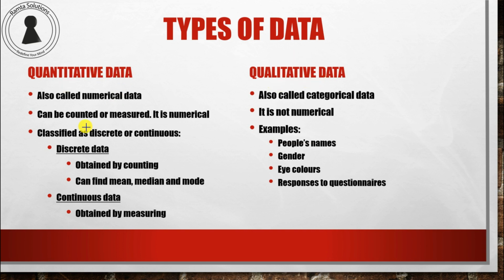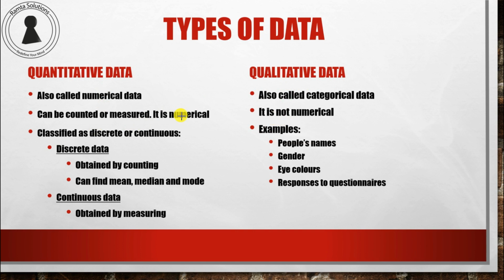Now, without any waste of time, quantitative data we also call numerical data, whereas qualitative data we also call categorical data. Quantitative can be counted or measured. In other words, it is numerical, whereas qualitative data is not numerical.